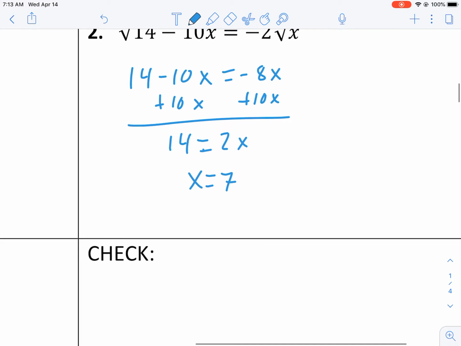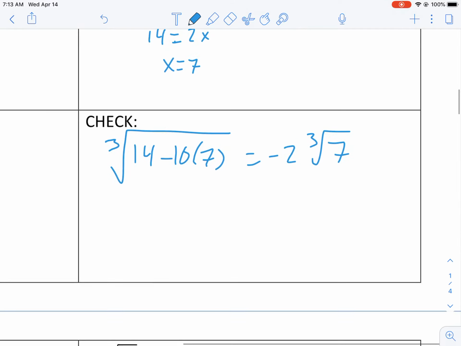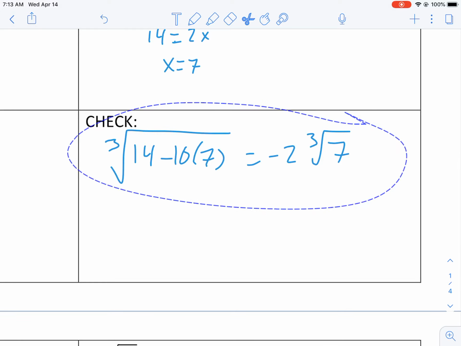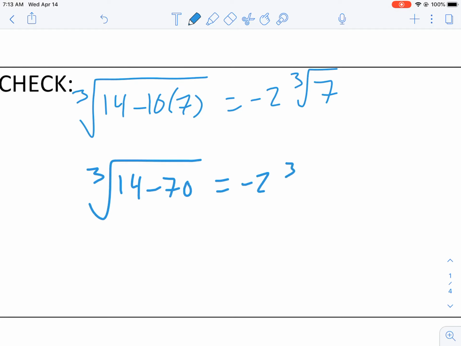So again, plug that back in and let's see what happens. We got the cube root of 14 minus 10 times 7 equals negative 2 cube root of 7. All right, let's just see. The cube root of 14 minus 70 equals negative 2 cube root of 7. 14 minus 70 is negative 56.